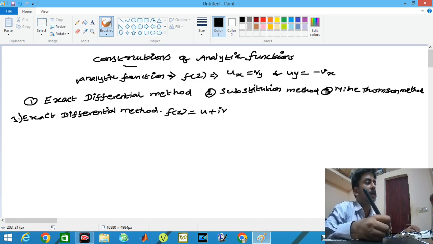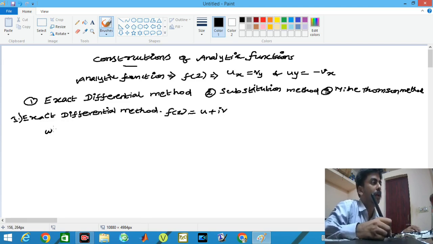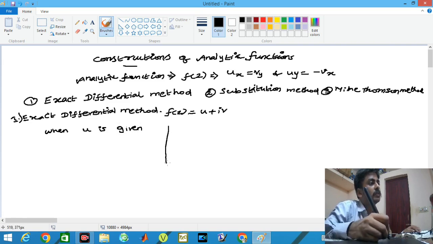So here there are two cases. The first case is when u is given, and the second case is when v is given.